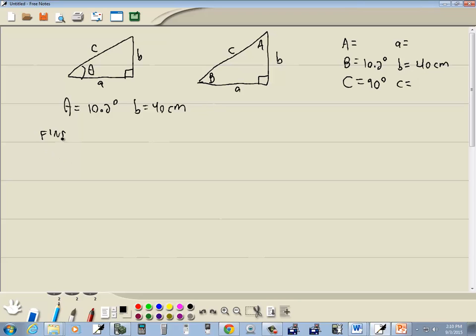So first thing, let's find A. A is going to equal 90 degrees minus angle B. So we got 90 degrees minus 10.2 degrees.